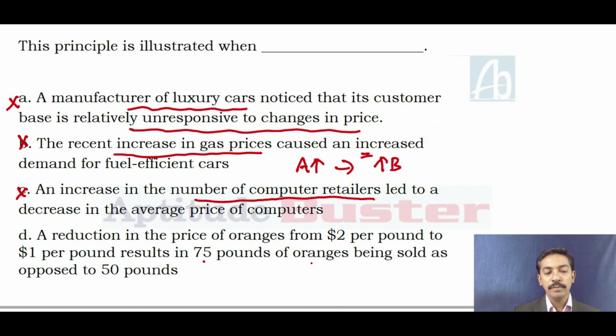Which means when oranges were sold at $2 per pound, the quantity being sold was 50 pounds. Since the price has come down to $1, the quantity being sold was 75 pounds. So this illustrates the principle that when the price of a product falls down, the demand for the product will increase. Thereby, we are very sure option D illustrates the principle. The right choice for this question is option D.